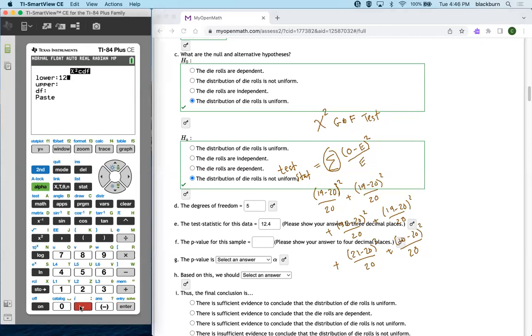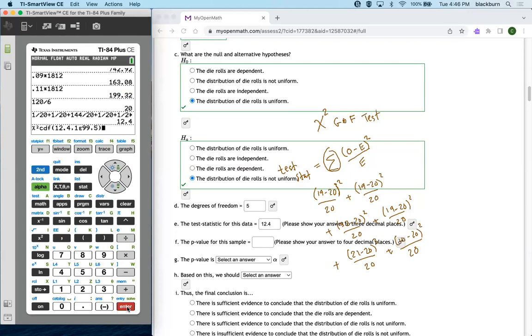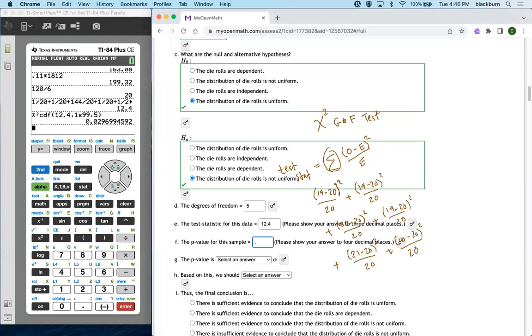So 12.4. The upper bound is infinity. So we go 1 second EE 99. My degrees of freedom was 5. And paste. And there we go. We got 0.0297 is my p-value, 0.0297. So that's pretty low p-value.